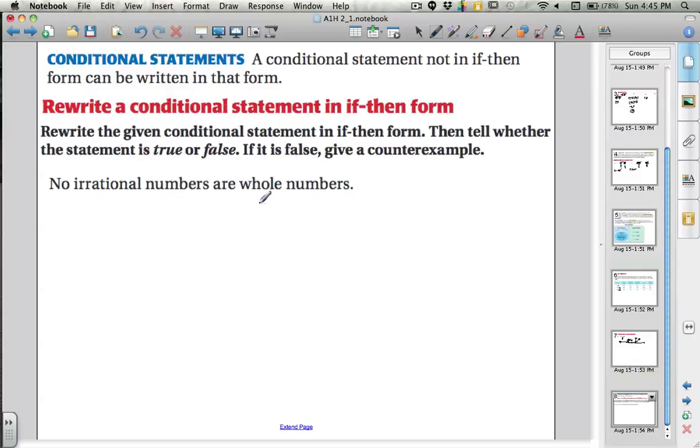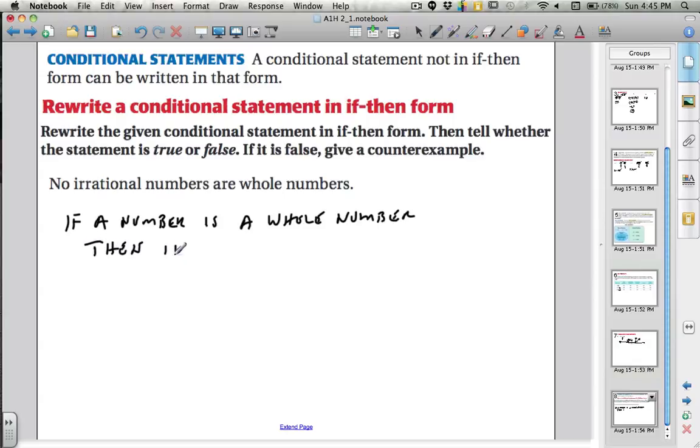Okay, so if I wanted to make this a conditional statement, then I could say that if a number is a whole number, then it is rational. Or I could say then it is not irrational, which would be more true to the original statement.